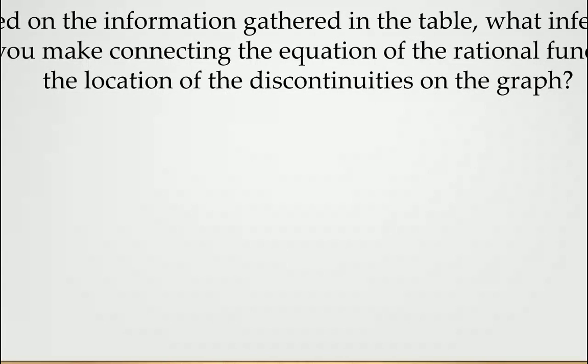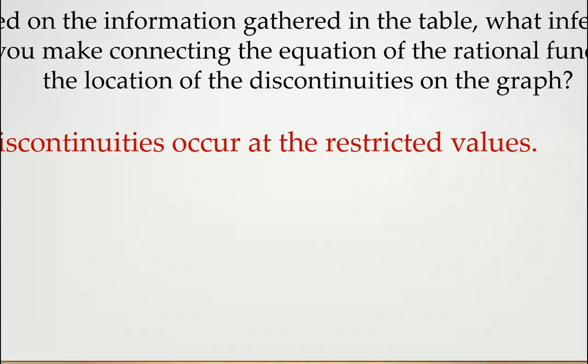Based on the information that you have gathered in the table, what inferences can you make connecting the equation of the rational function to the location of the discontinuities on the graph? Pause and think about this for a moment. One of the things that we've already discussed is that the discontinuities occur at the restricted values.